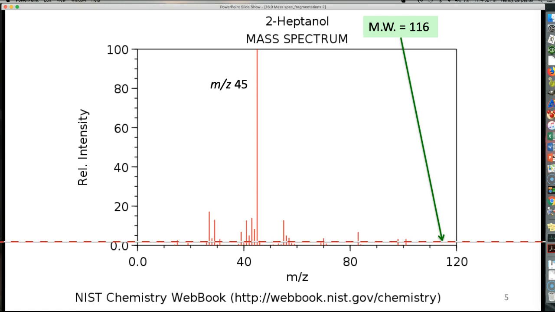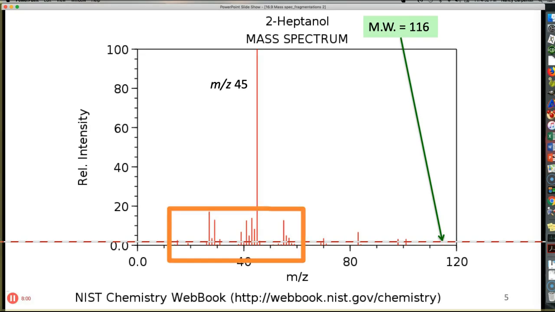But strangely enough, the base peak is this thing at mass to charge 45. Now, we can't always come up with a reasonable mechanism for, we ignore almost all of these little tiny peaks. Who knows what they are and who cares? But this base peak, we ought to be able to come up with something.